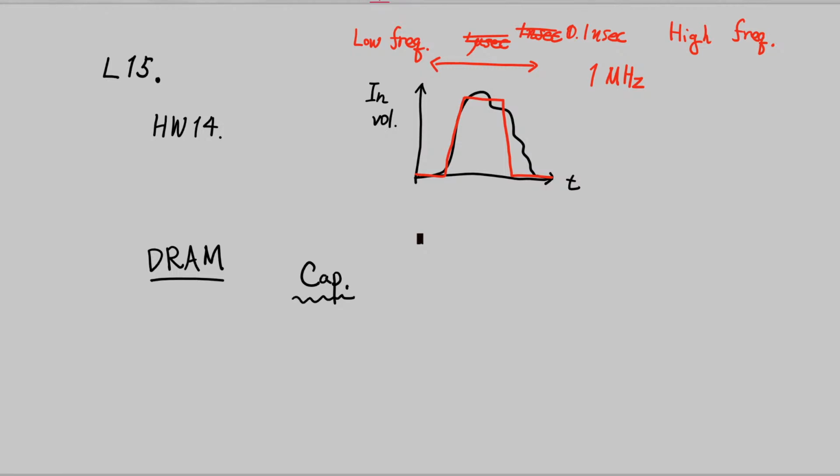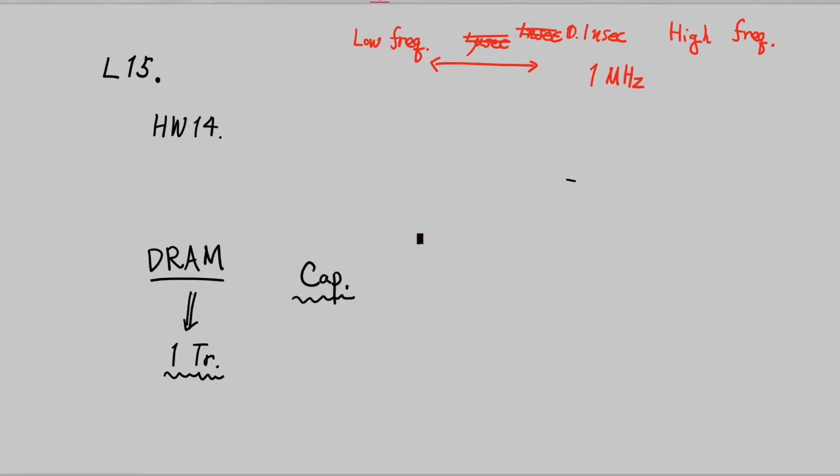However, unfortunately, in DRAM there is one transistor, and this transistor itself contains many parasitic capacitances. So the point is, we have to find out how we can consider or calculate this parasitic capacitance.